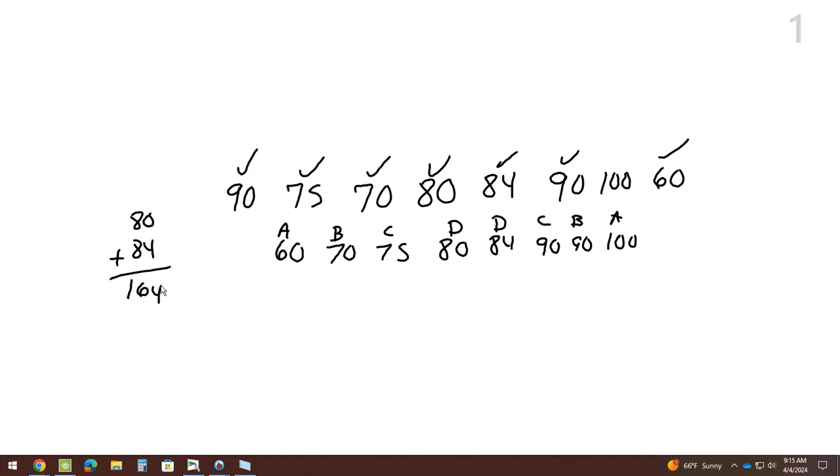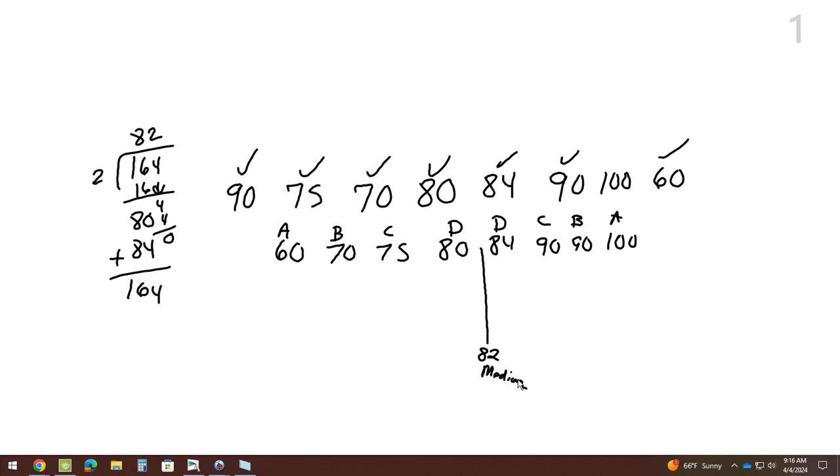And divide by 2, because there's 2 in the middle. 82. Now I can draw my first line, smack in the middle this time, and what's the number? 82, and that's my median.